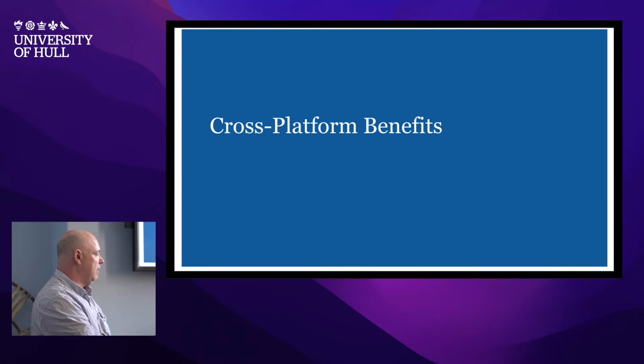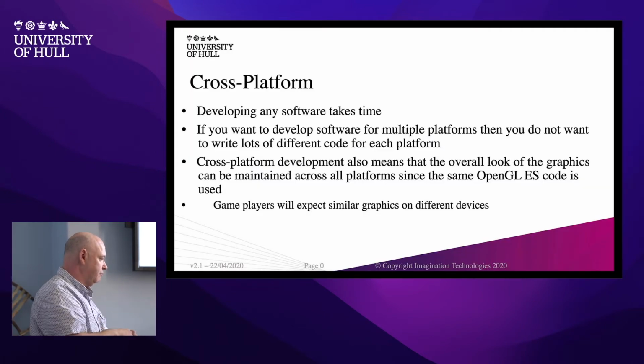So I've mentioned cross-platform benefits. Essentially, if you're writing a game or a graphics app or something like that, you want to maximize your customers, so you want to be able to target as many platforms as possible.